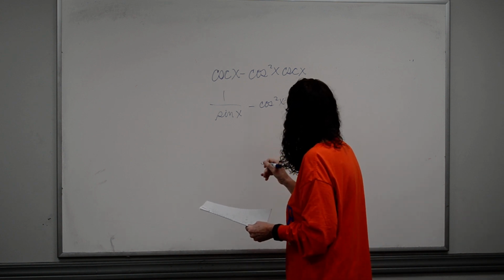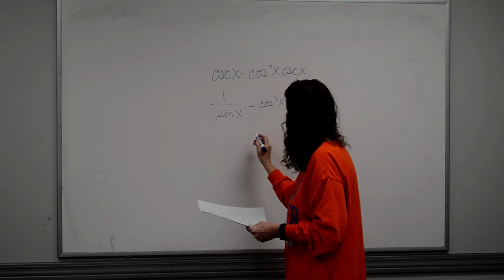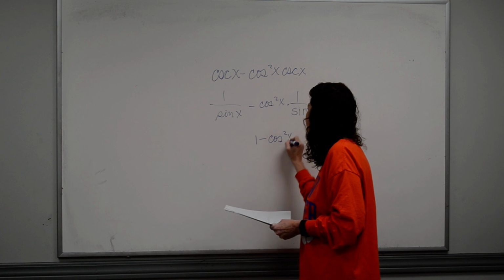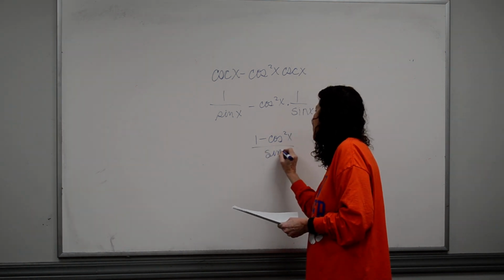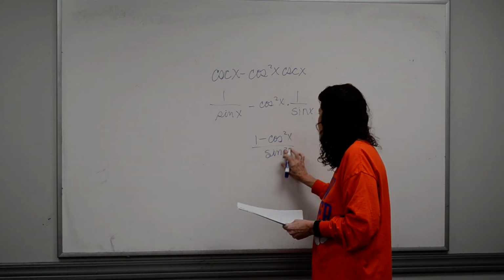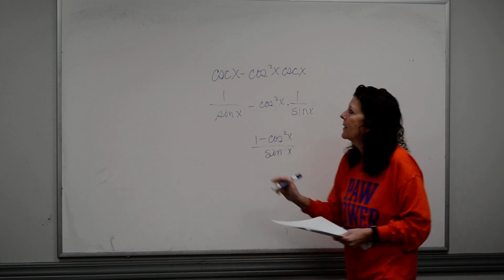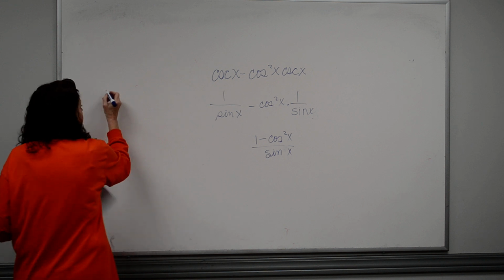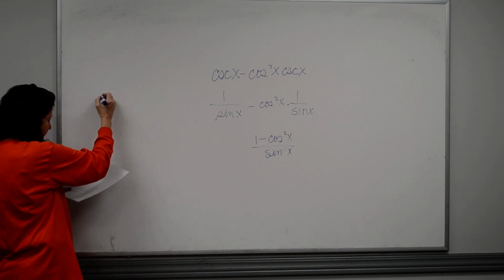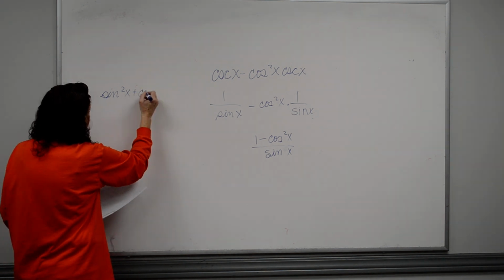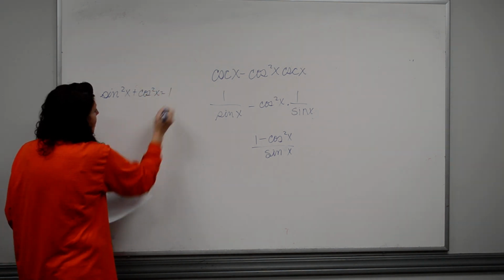If you'll notice, they have a common denominator. So I have 1 minus the cosine squared x over the sine of x. On my Pythagorean identities, I have an identity that looks like this: sine squared x plus cosine squared x equals 1.